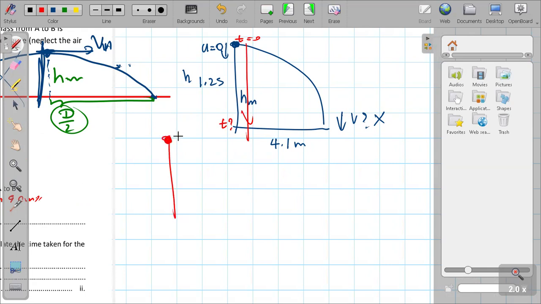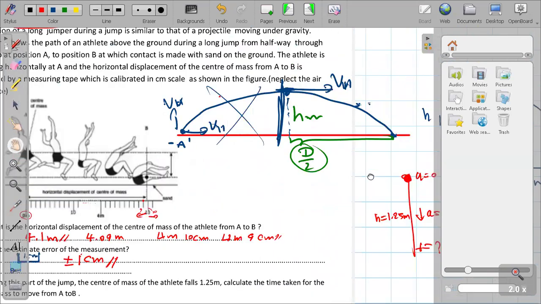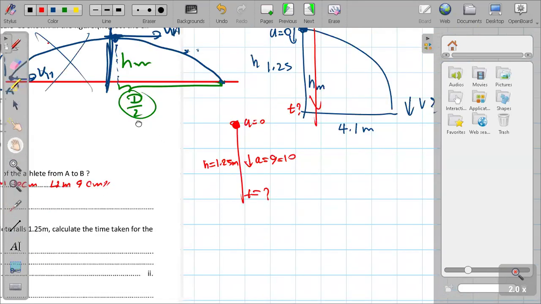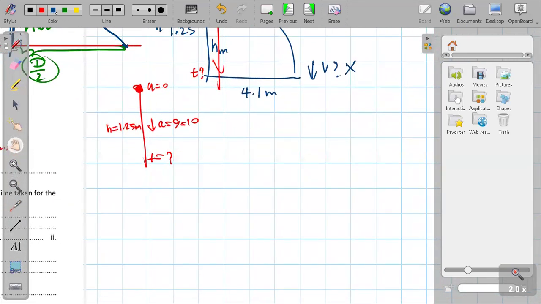So if I apply here, u equals 0, and the acceleration downward is g equals 10, and the time is something you don't know, but the height is given as 1.25 meter. We have to apply the equation s equals ut plus half at square.